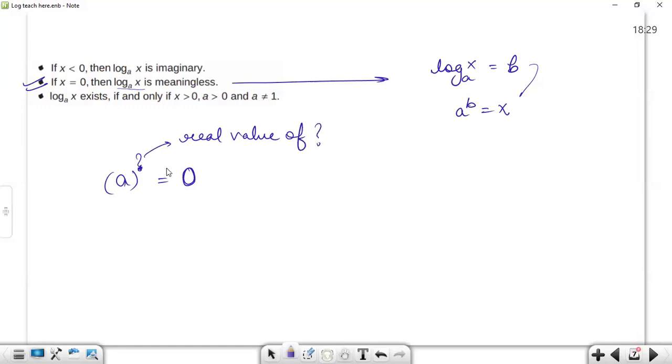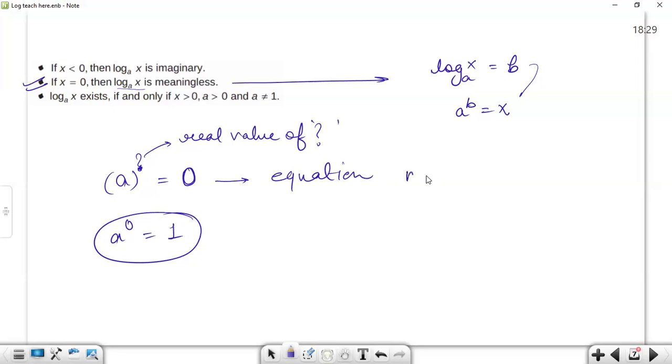Even if you take e raised to power 0, it is 1. So it will never become 0. So that's why this equation does not stay true. It is a meaningless task to find this. Okay.